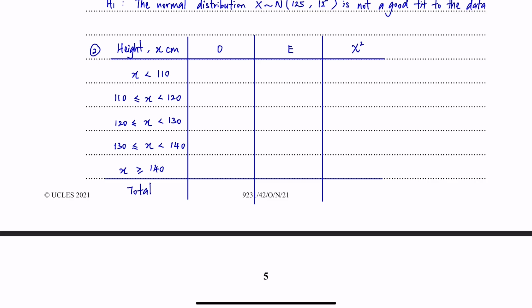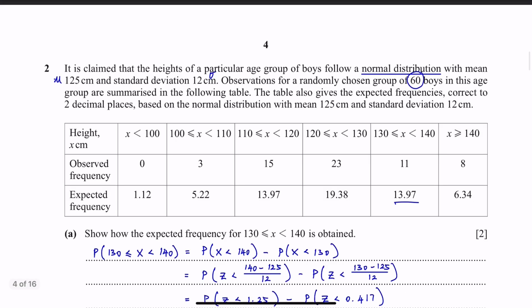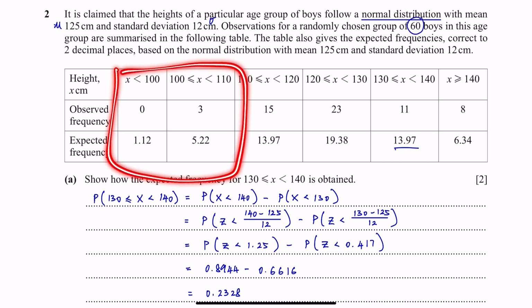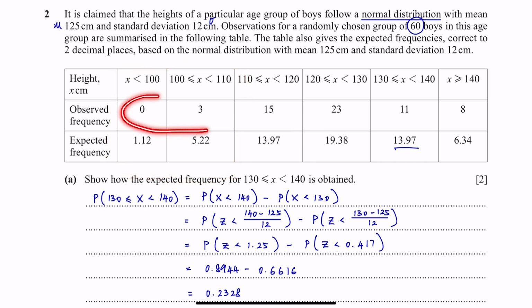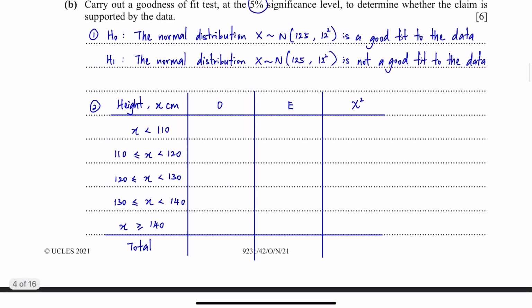So now we can just copy the observed frequency and the expected frequency, but keep in mind that we already combined these two, so the observed frequency would be 0 plus 3, and the expected frequency would be 1.12 plus 5.22. So this would be 3, and this would be 6.34.